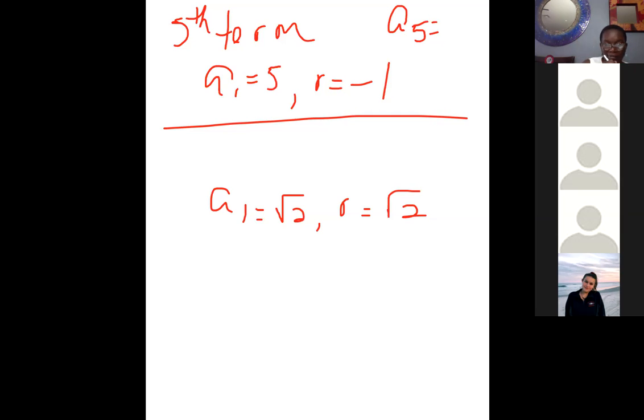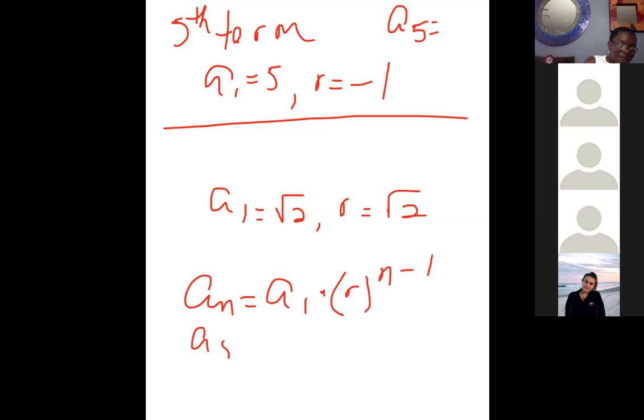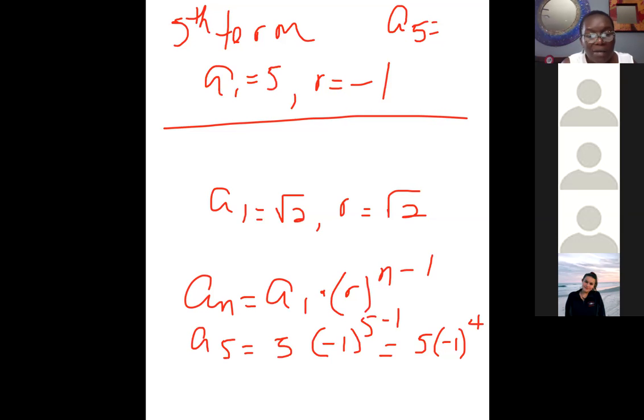Let's check. Guys, the formula is a sub n equals a1 times r to the n minus 1. So a sub 5 will equal the first term, which is 5, times -1 to the 5 minus 1 power, which gives you 5, ladies, times -1 to the 4th power. What is -1 to the 4th power?